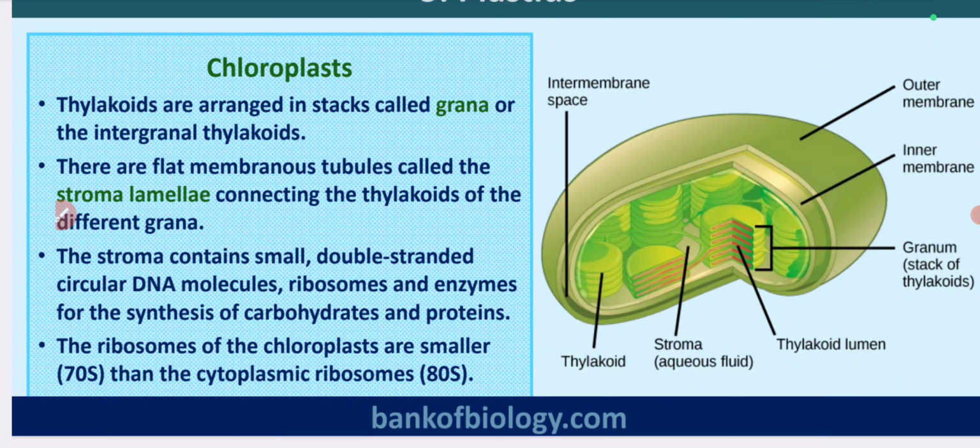The stroma contains small double-stranded circular DNA molecules, ribosomes and enzymes for the synthesis of carbohydrates and proteins. The ribosomes of the chloroplast are smaller, 70S, than the cytoplasmic ribosome, which are 80S.